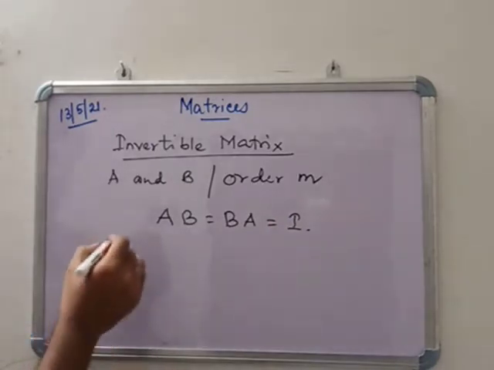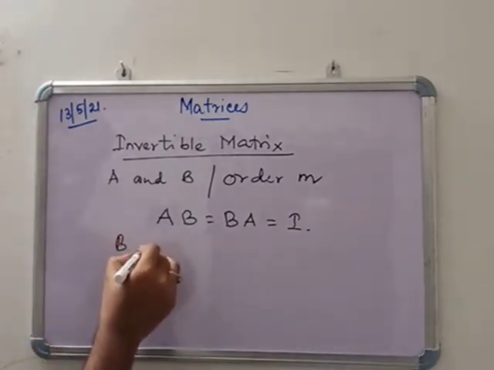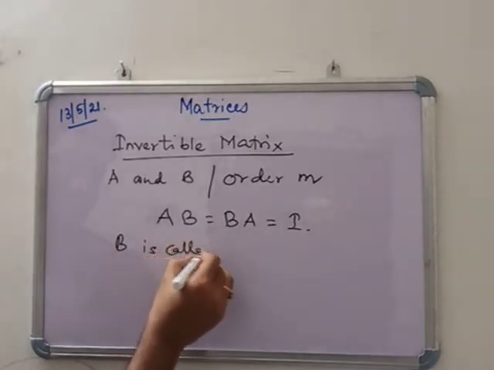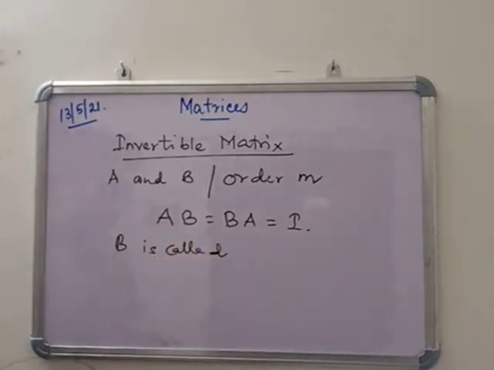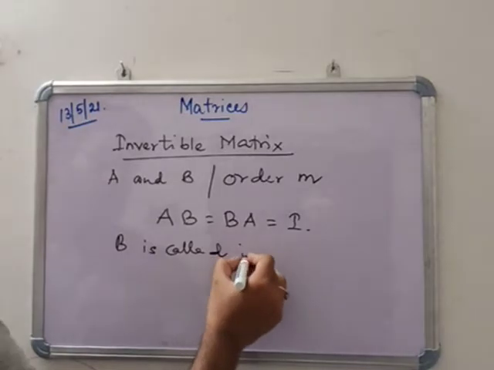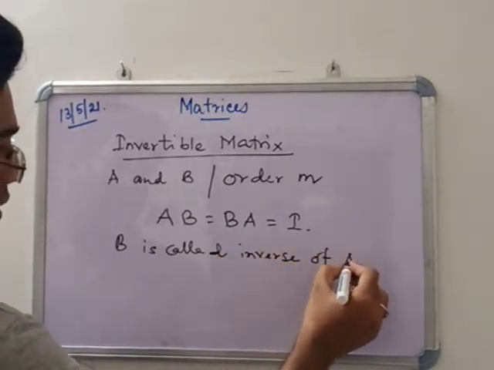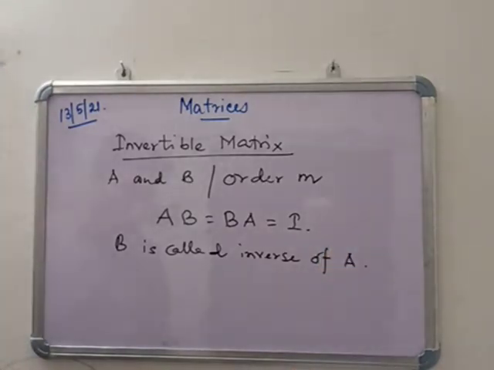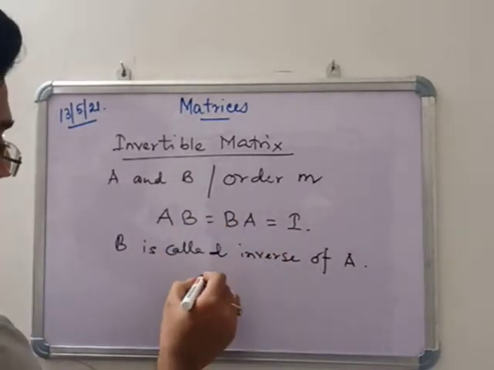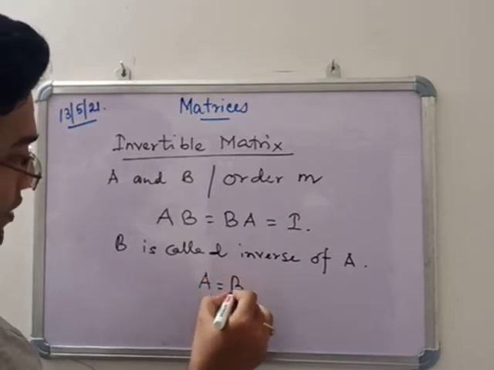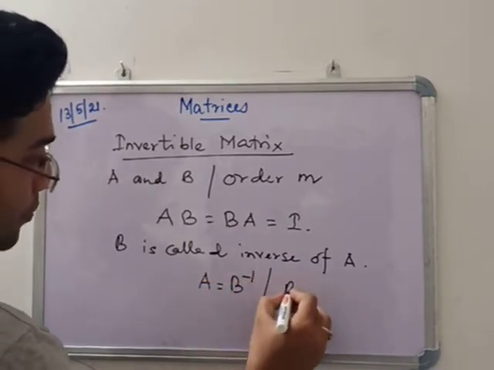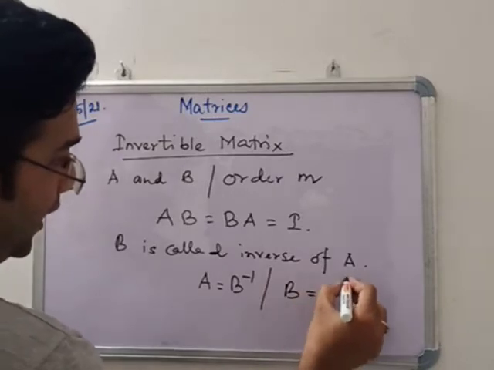So B is called the inverse of A, or A is called the inverse of B. That means A equals B inverse or B equals A inverse.